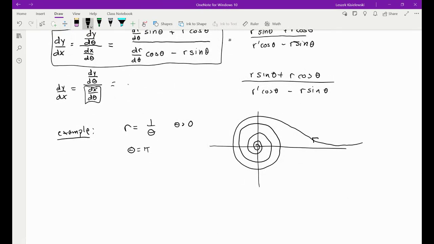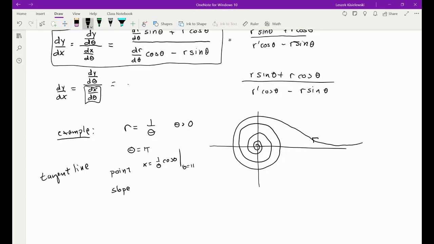Okay, so we want a tangent line. So of course we need a point of tangency and we need a slope. The point we get because we know that x is equal to r cosine theta.